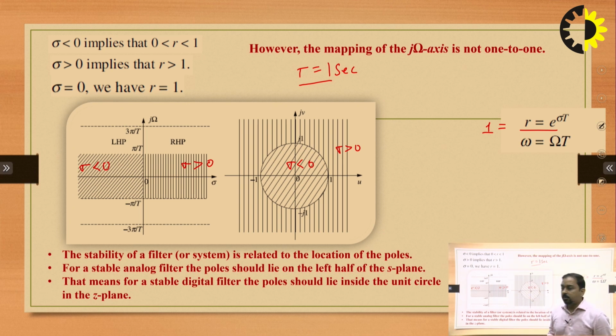On the basis of this location of poles, we can comment upon the stability. The stability of a filter or system is related to the location of poles. For a stable analog filter, the poles must lie in the left hand side of the S plane. That means the stable digital filter poles should lie inside the unit circle in the Z plane. So this is the stability point.